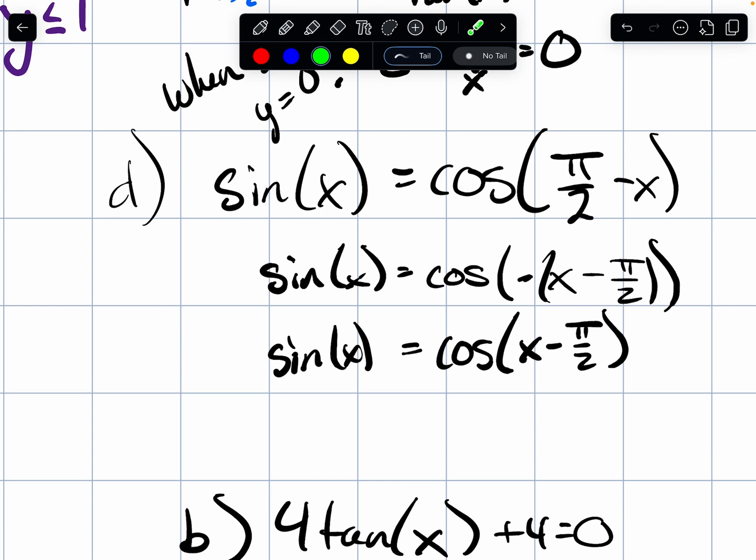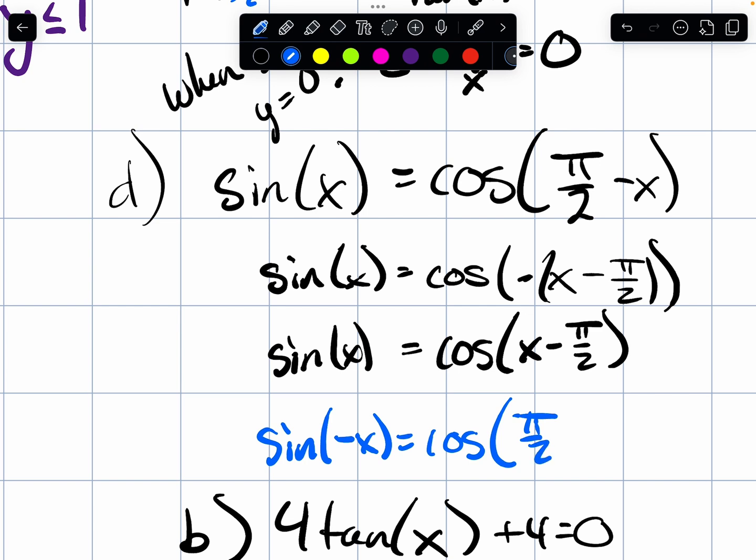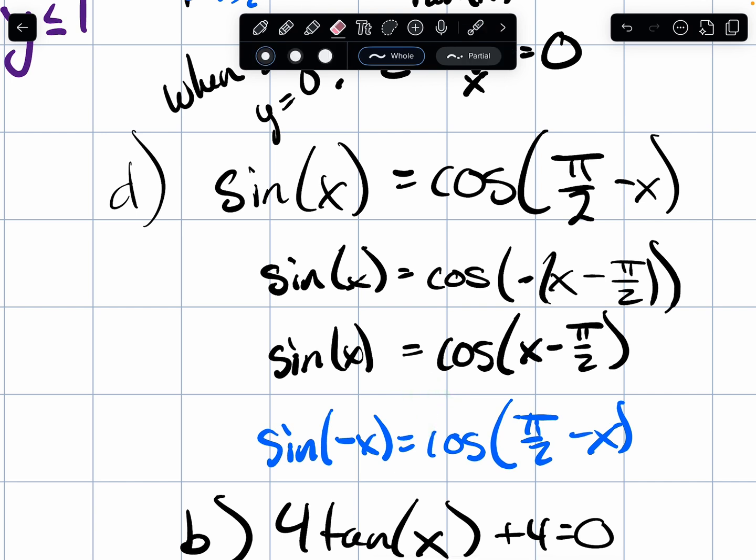You had something very similar. Let me see if I could pull it up. Or I guess you could look at it too. Yeah, you have sine. I'll just write what you have, and we could see how similar it is. You have sine of negative x is equal to cosine of pi over 2 minus x. So you can see how similar outside of a negative that is to that.